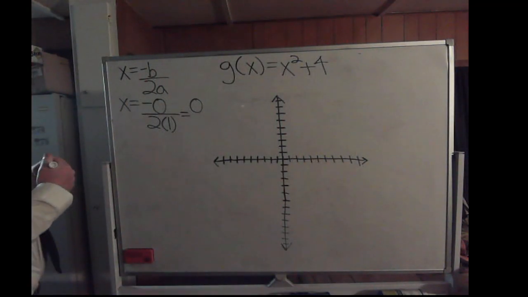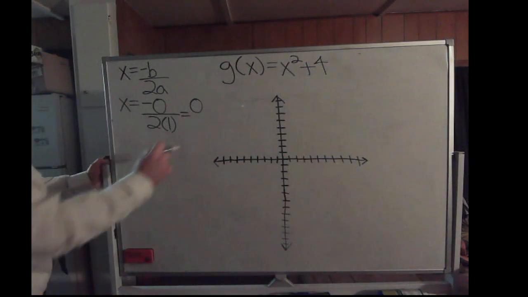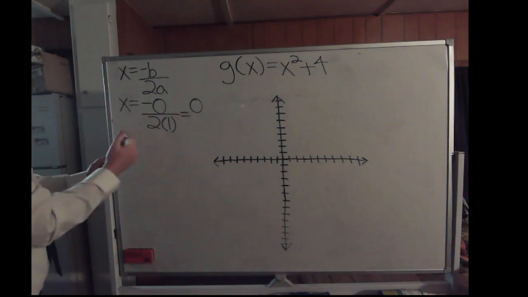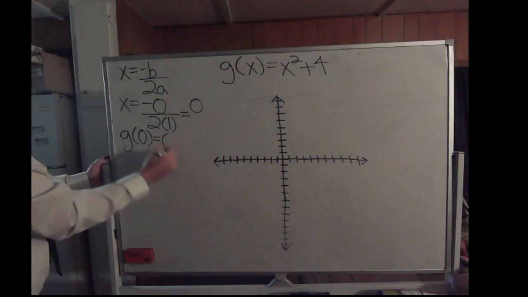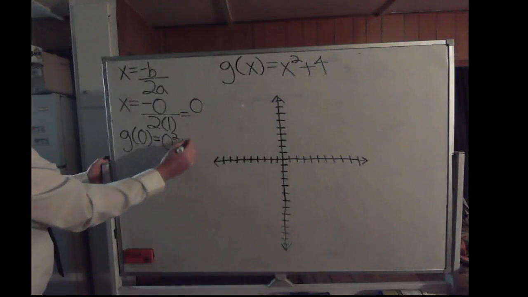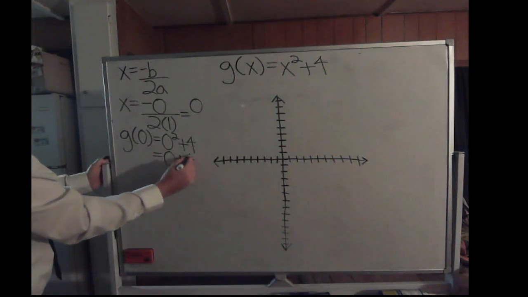Now, we want to find the y-coordinate of the vertex. You just put that value you got for x into your function. So this will be g of 0. That's equal to 0 squared plus 4, which means that's 0 plus 4.